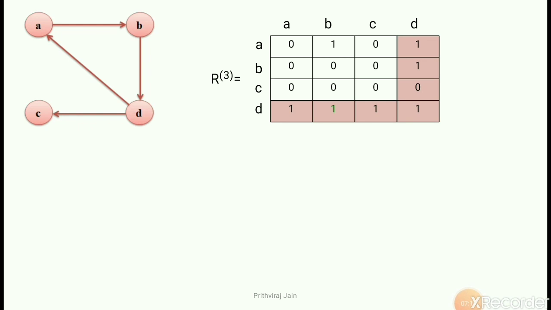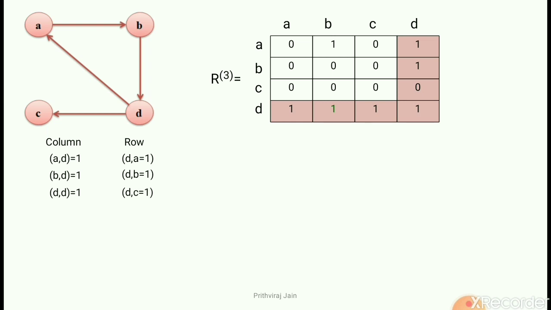Next, we'll select fourth row and fourth column, and we'll record the non-zero values column wise as well as row wise. Across the column we have a comma d equal to 1, b comma d equal to 1, d comma d equal to 1, and row wise d comma a equal to 1, d comma b equal to 1, and d comma c is equal to 1.